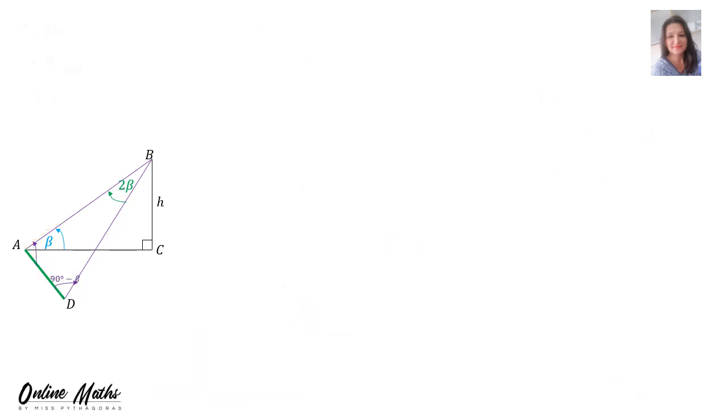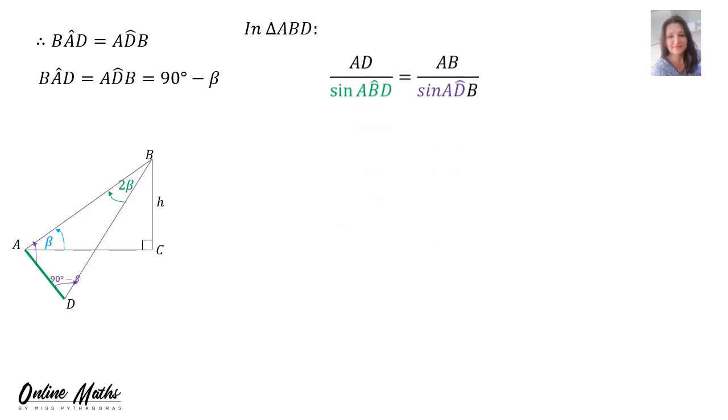Now that we know the size of angle ADB and angle BAD, we can work out the length of AD. Remember, those two angles are equal. And now we can say, in non-right angle triangle ABD, the purple triangle, we can use the sine rule. And we can say AD over sine ABD, the green angle on top there at B, equals AB over sin ADB.